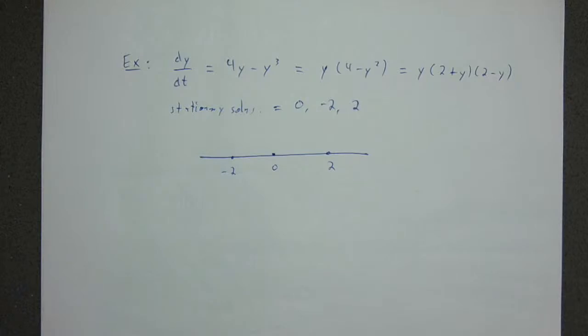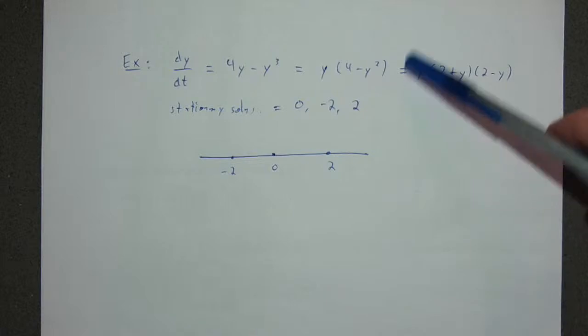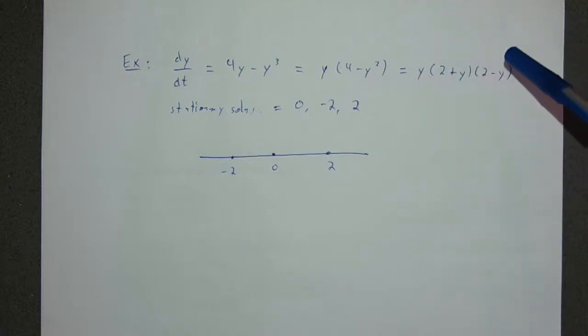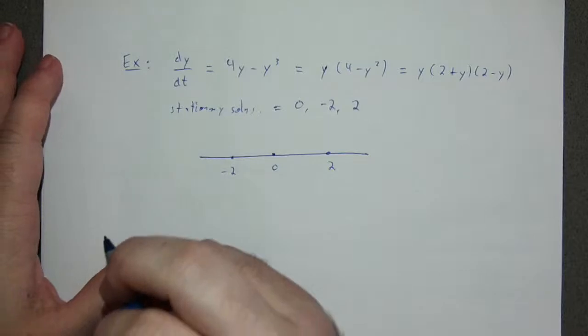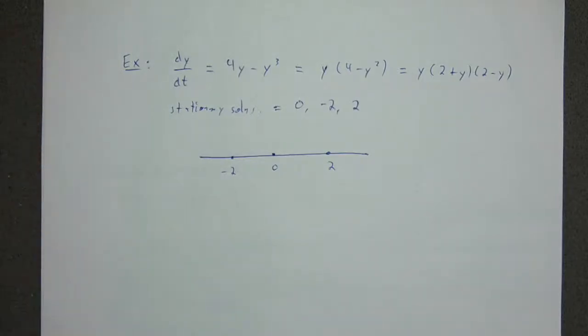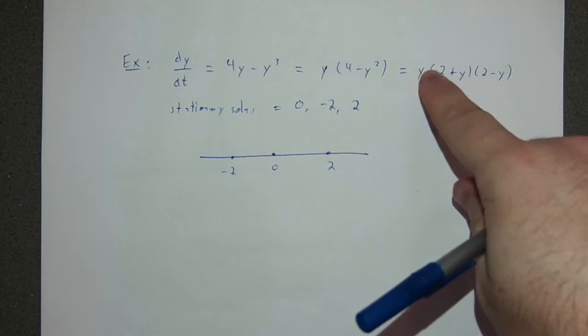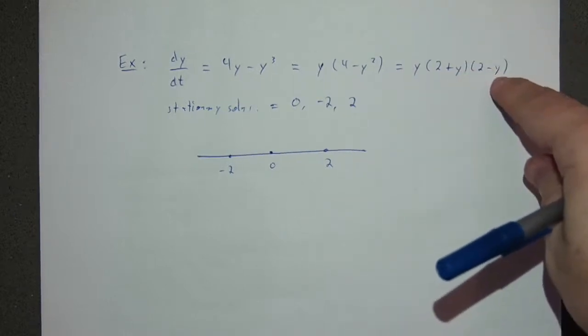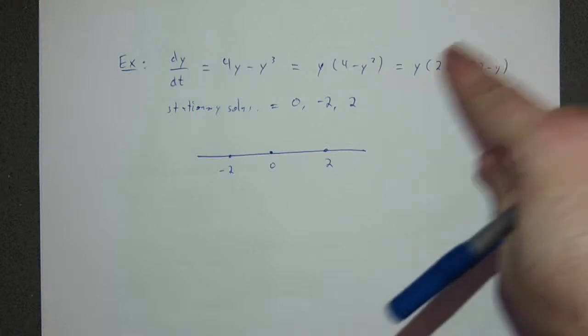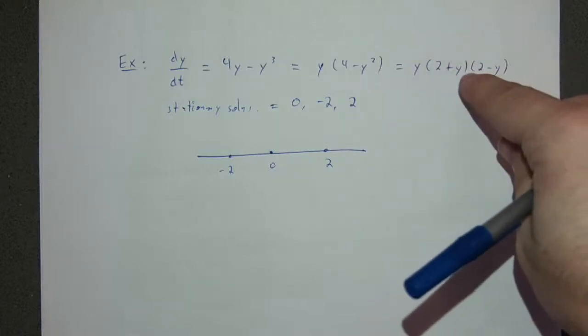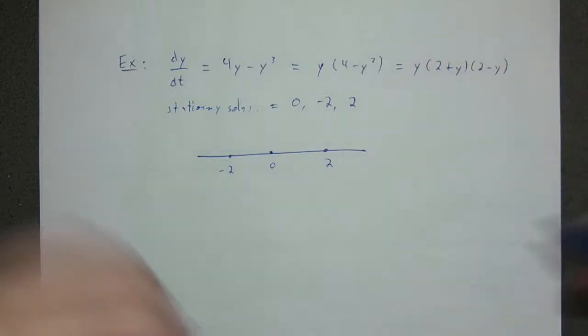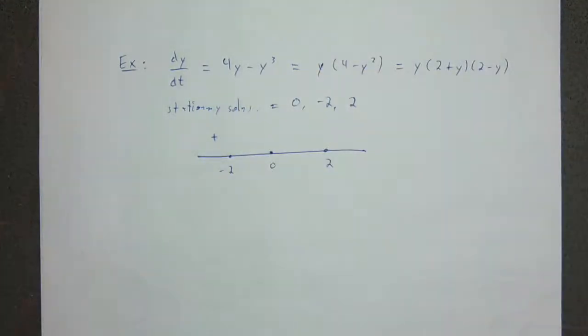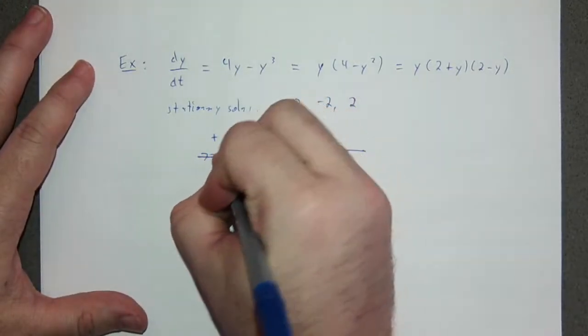When I'm to the left of minus 2, so values like minus 3 and smaller, this is minus, minus, plus. So this is negative times positive, which is positive. So that indicates my arrows are moving to the right.